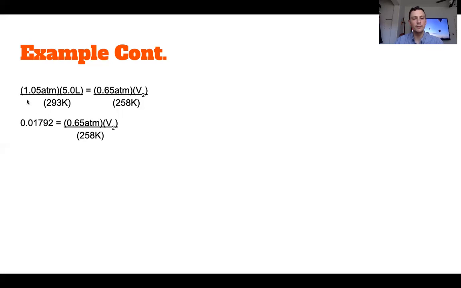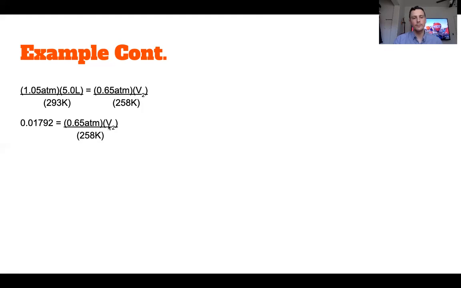So to get this number, I just did 1.05 times 5.0, all divided by 293, and that gave me 0.01792 as my value on the left-hand side. If we were using units, which ideally we would be, it would be atmospheres times liters divided by Kelvin would be our units here.